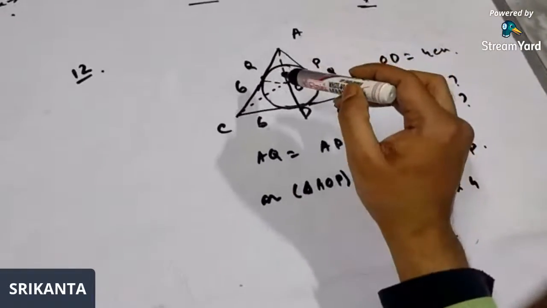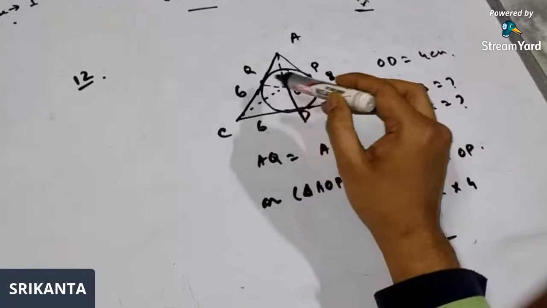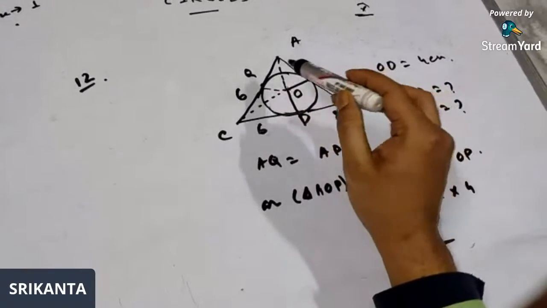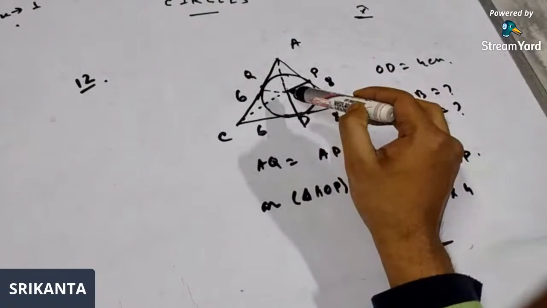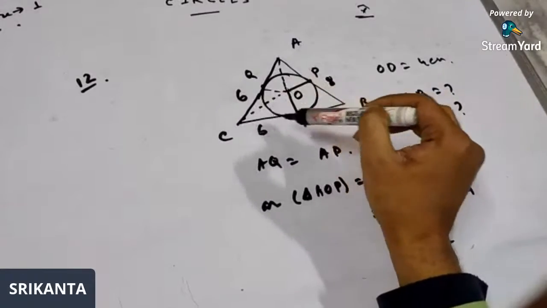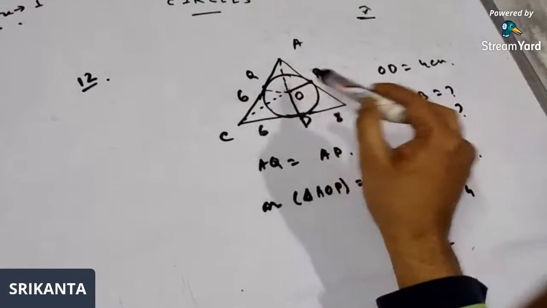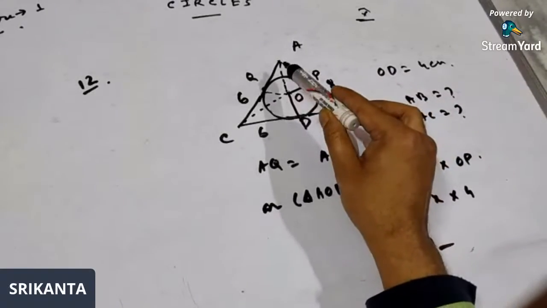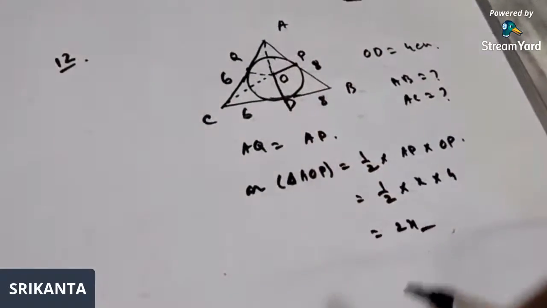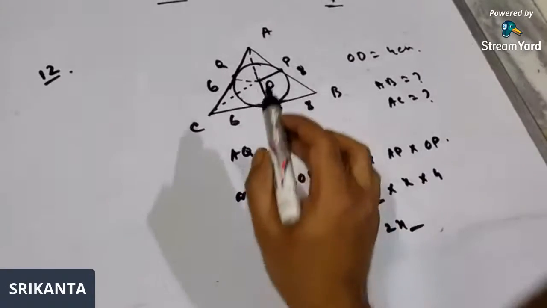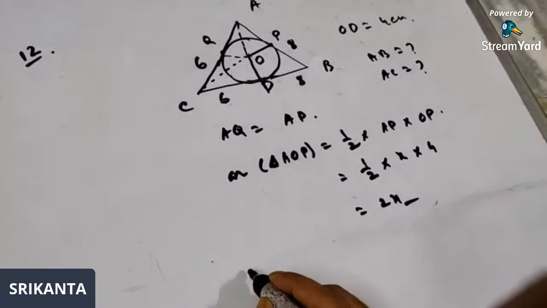Because first of all, this is common. They are 90 degree. Number three, OA will be equal to OA. You know why? Because this is an incircle. In circle, the distance from center to the vertex will be equal. So they are congruent.